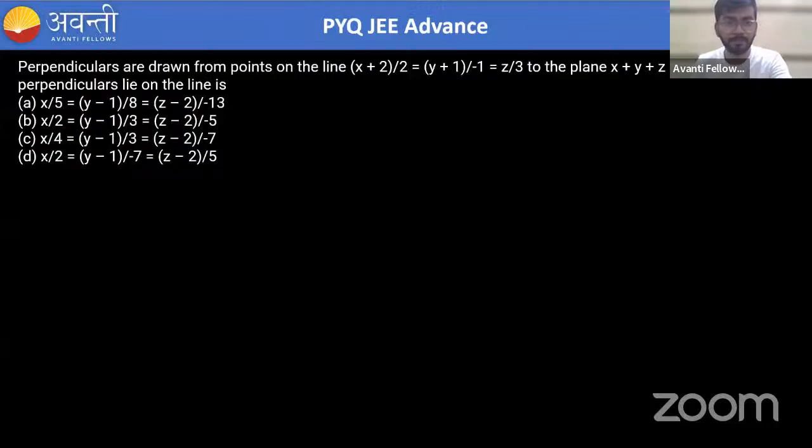Okay, guys. The first question tells us that perpendiculars are drawn from the points on the line to the plane x plus y plus z equals 3. The feet of the perpendiculars lie on the line is.